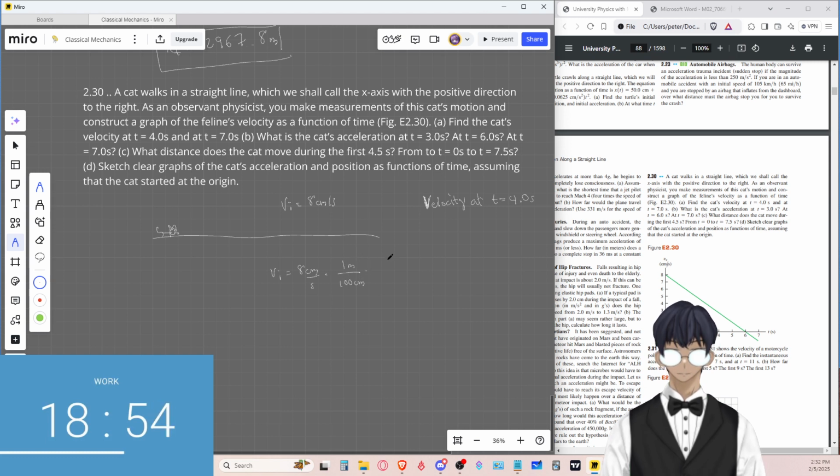So yeah, we don't need to convert the time. So 8 over... There we go. We're back to meters. That's what I want. Okay. So the initial velocity is that.